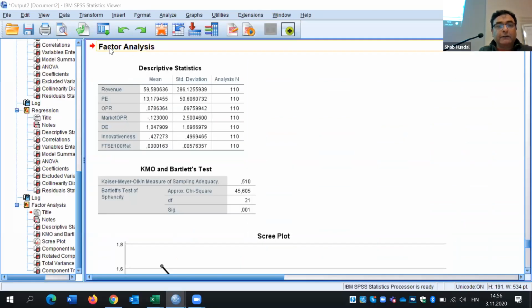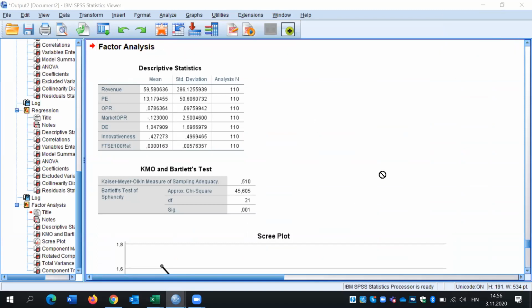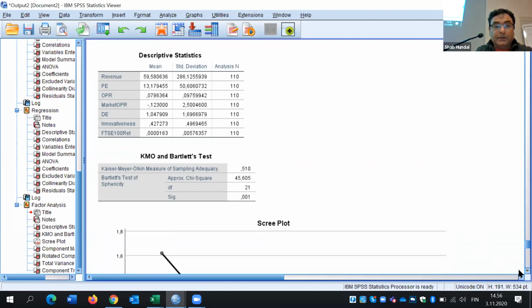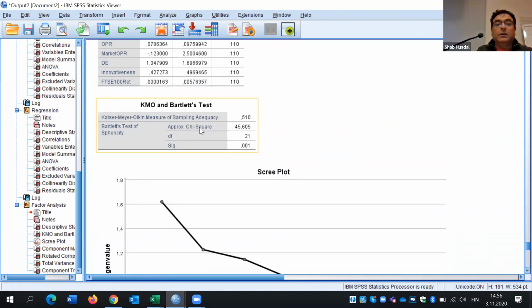Can you see here the title, factor analysis, you guys? Yes, now we can see. Very good. So now the factor analysis is done, basically. Now the question is how to interpret it. Look, the first result, which is really cool, is our level of significance.